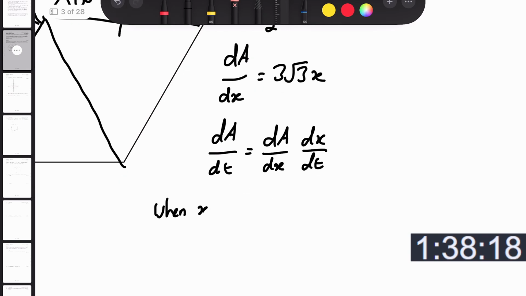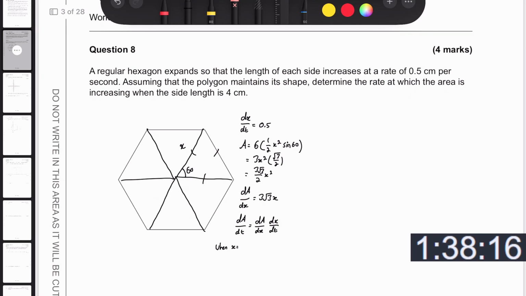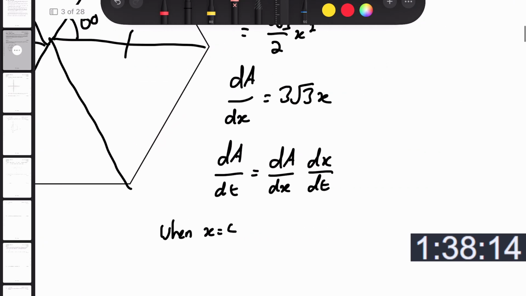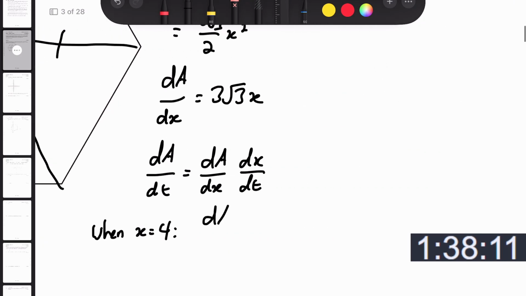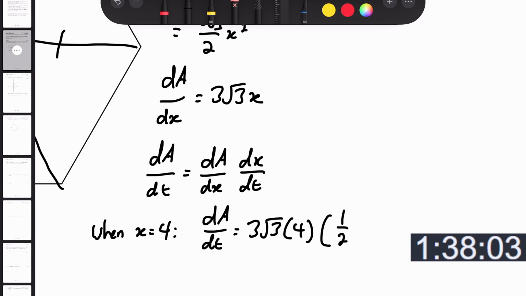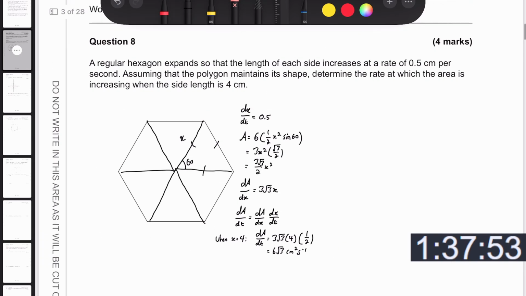So when x is equal to 4, dA/dt is going to equal 3 square root of 3 of 4 times a half. So it's going to be 6 square root of 3 centimeters squared per second.